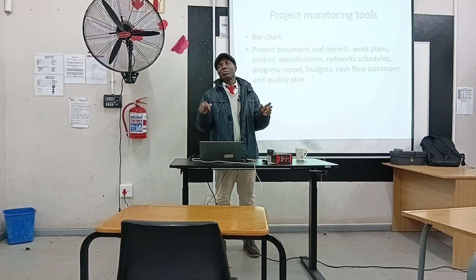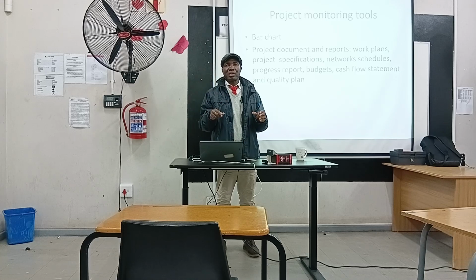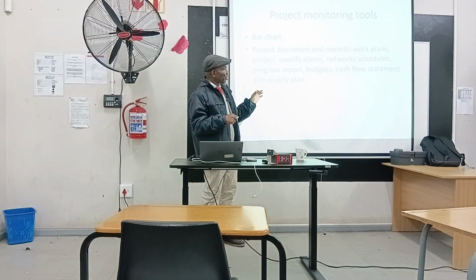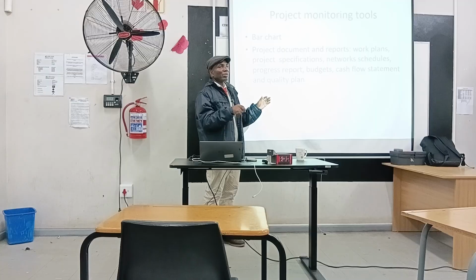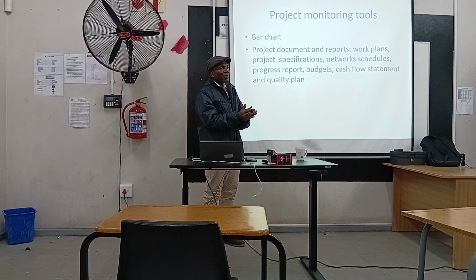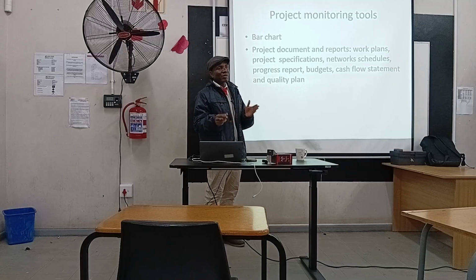Then the network schedule. You understand what we mean by network schedule, which shows the relationship between the tasks, right? That relationship is for you to be able to know which task is to be done, which tasks are to be done at the same time, and it helps you to show the interdependency of the tasks.